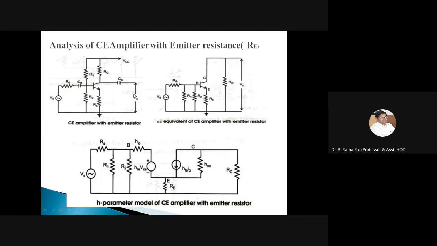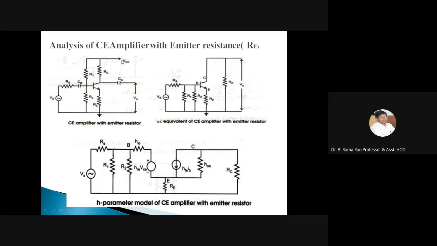After that, we assume that all the capacitors, CC and CB, are short circuited, means these are simply connected, and we also eliminate the DC source.